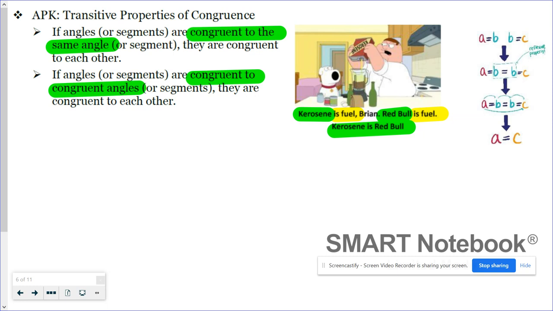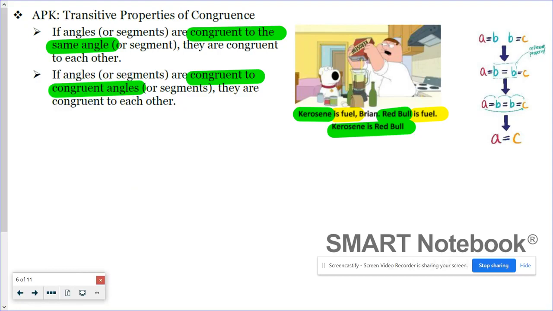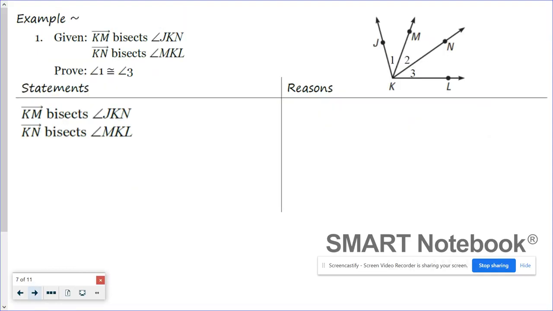Okay. So let's see the transitive property in action in a proof. Here we're given Km bisects angle JKL, Kn bisects angle MKL, and we want to prove that angle 1 is congruent to angle 3. So basically, my goal is to prove angles 1 and 3 are congruent, which means that angles 1 and 3 need to be part of my proof.